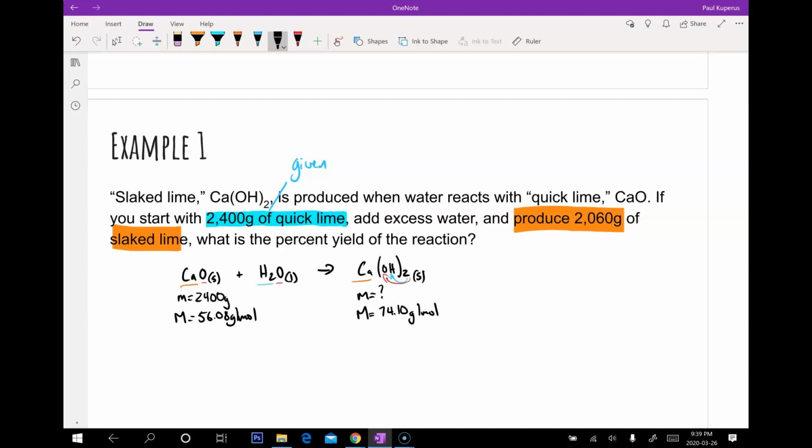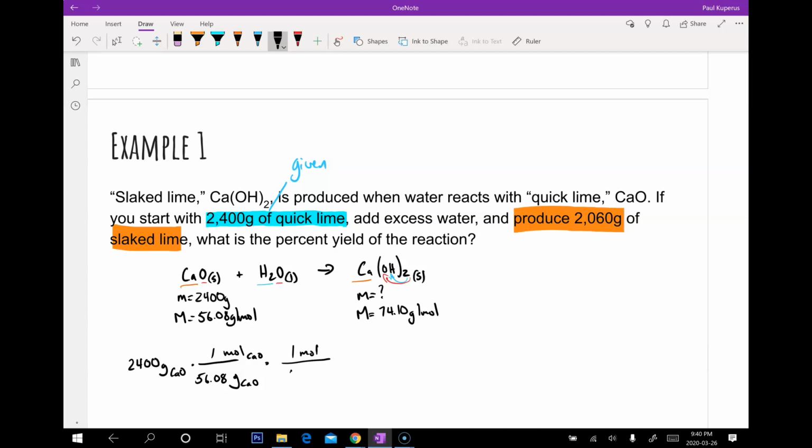Following through on the stoich, starting with our measured amount, our given 2,400 grams of CaO, multiply by something to get rid of the grams of CaO and replace with moles of CaO: our 56.08 molar mass, grams per 1 mole. Multiply by the mole ratio.